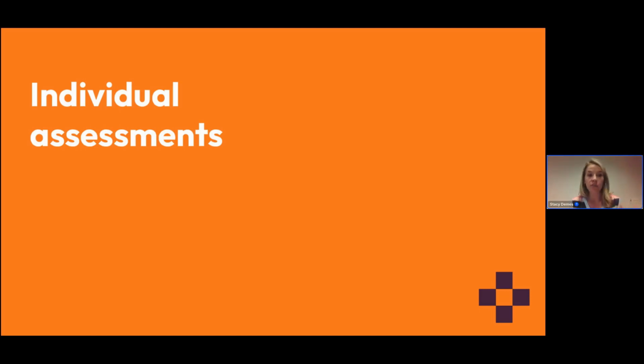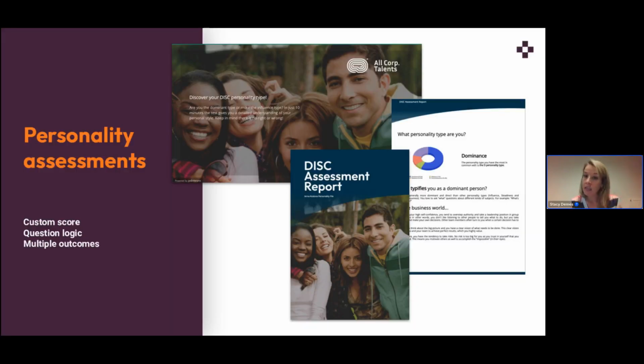The first one would be an individual assessment, and a personality assessment would fit into this category. So I am taking my own individual assessment about myself, and then receiving a report that's based on my scores.